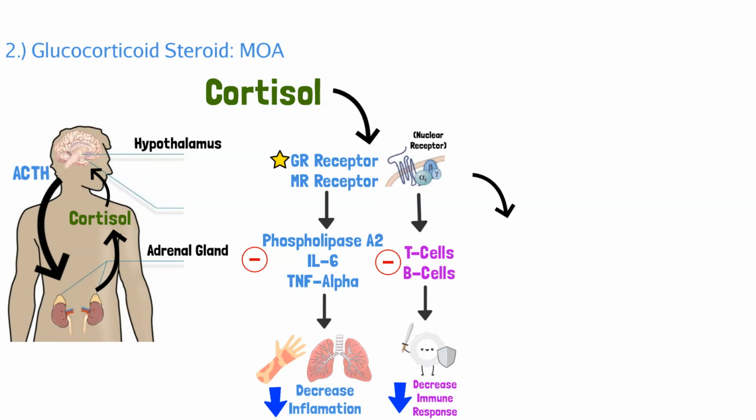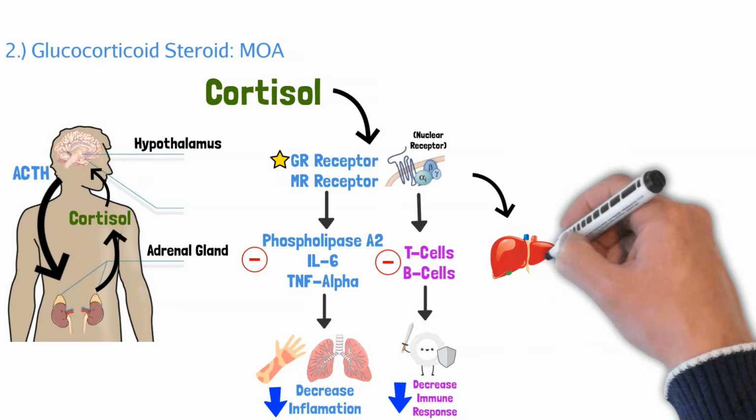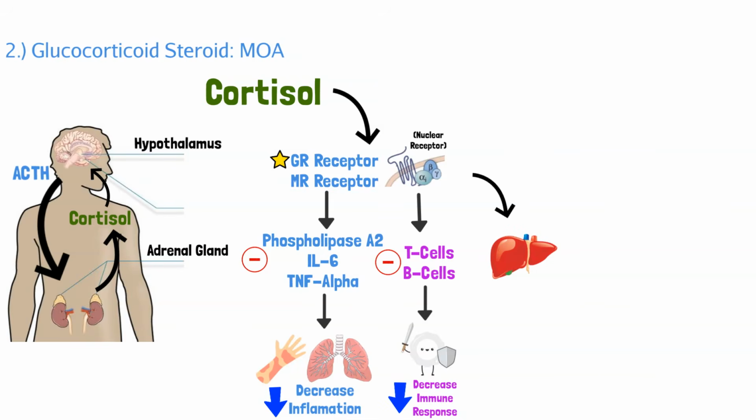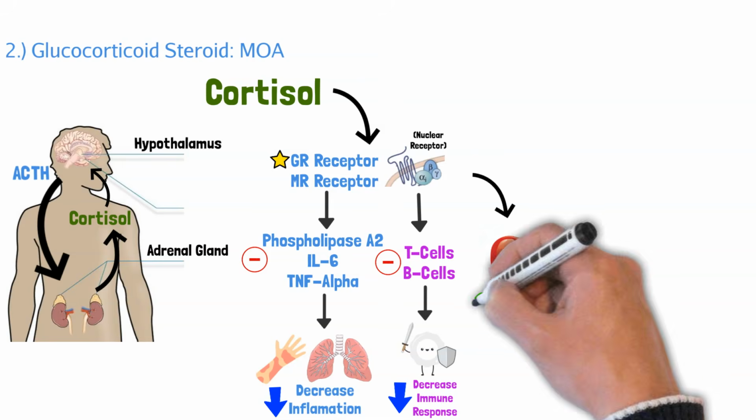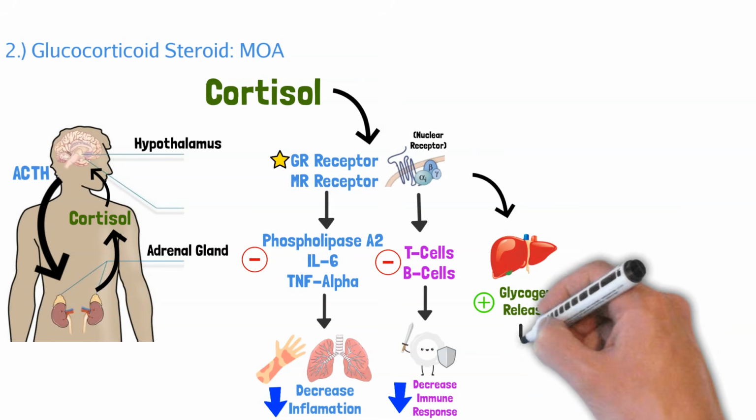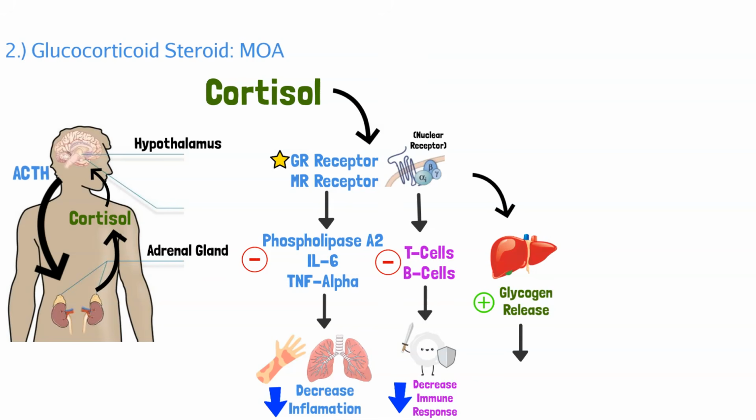And the last major pathway we'll talk about is when these glucocorticoids reach your liver, they're able to make your liver release glycogen, which will break down essentially into glucose. So we have an increase in glucose, right? And that kind of makes sense.